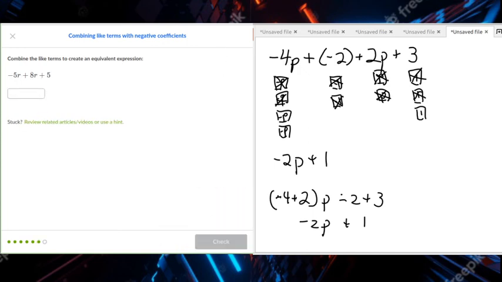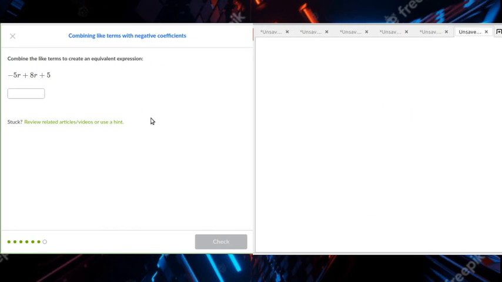All right, we're going to be on our last one here. Negative 5r plus 8r plus 5. All right, so I'm going to put in 5 negative r's here.